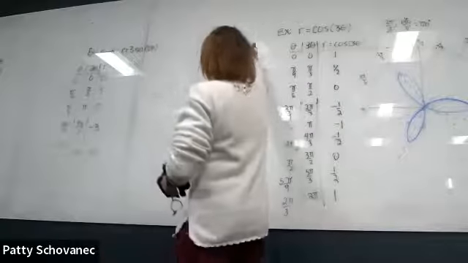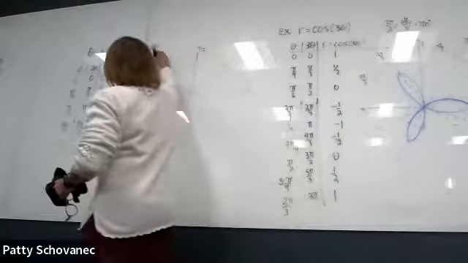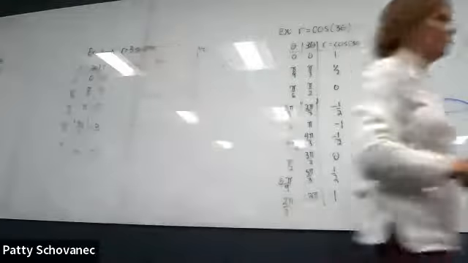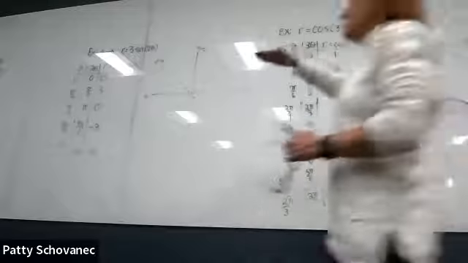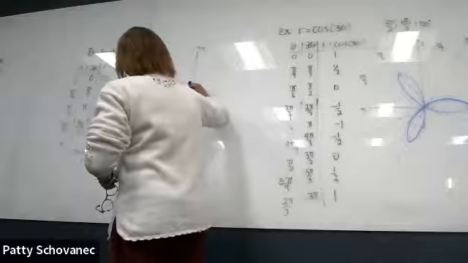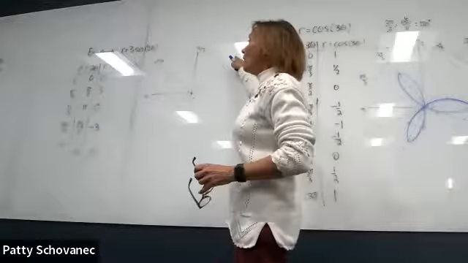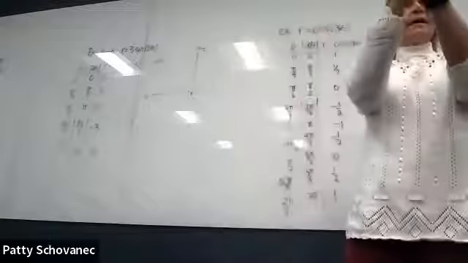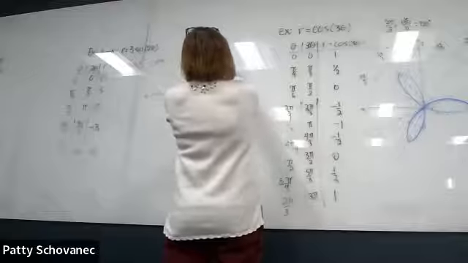So 0, pi over 4, pi over 2, 3 pi over 4, and pi. When my angle is coterminal with the positive x-axis, I plot a point at 0. Now my angle is up here, pi over 4. I need to plot a point 3 units long. So let's say that that's a 1. 1, 2, 3.